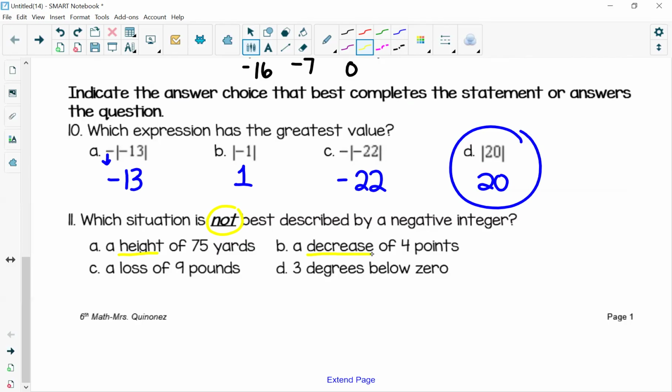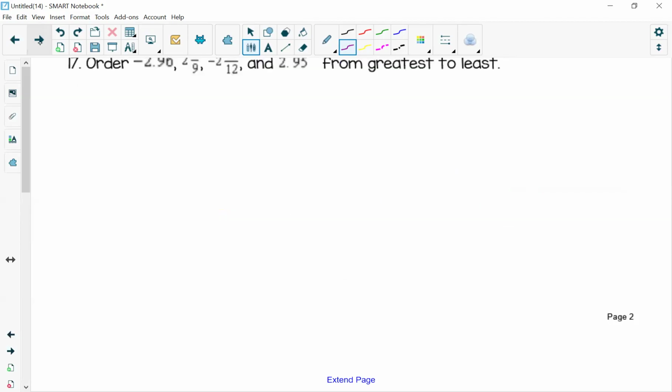So that's a negative. A loss, that's also a negative. And then when I'm looking below 0, 3 degrees below, that's a negative. So this is a negative, this is a negative, this is a negative. So the only one I could have chosen is this. It does not describe a negative integer.